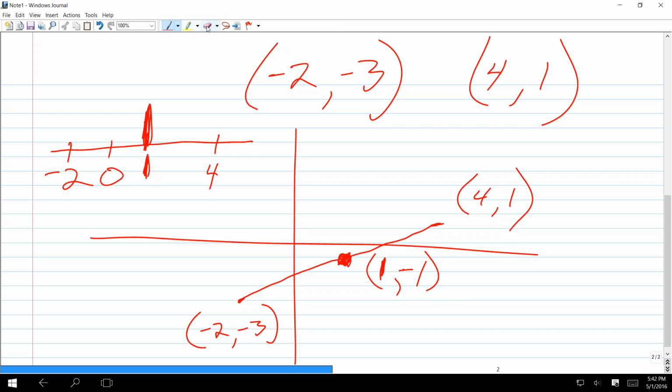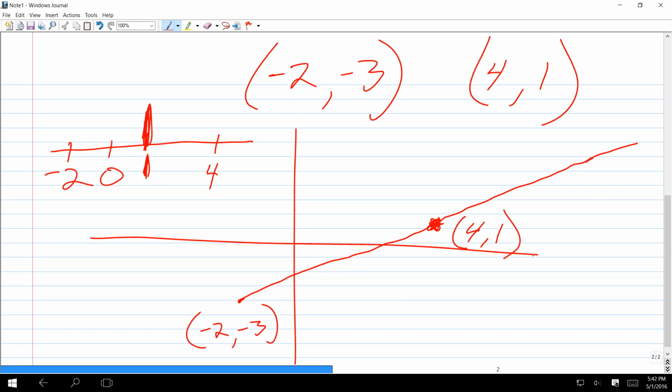What might be a little bit harder, and this is typically the kind of problem you're going to get, is where they will give you the midpoint and one endpoint. In other words, there's my middle, there's my end. What's this point here, the other end?